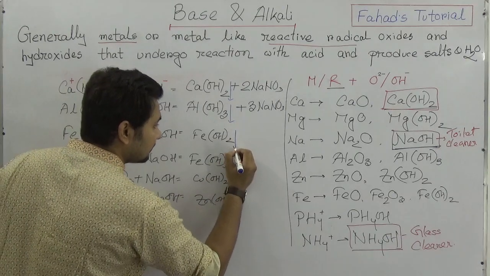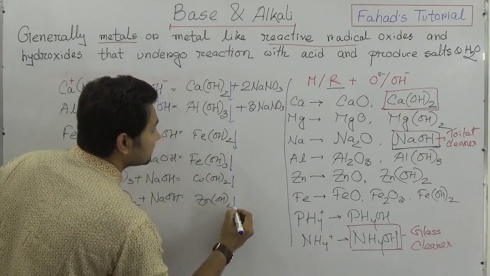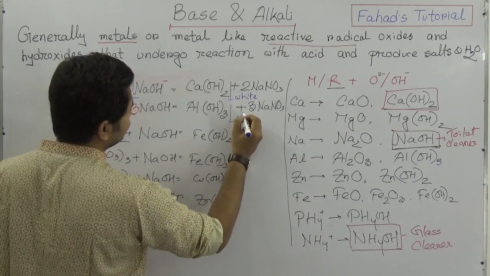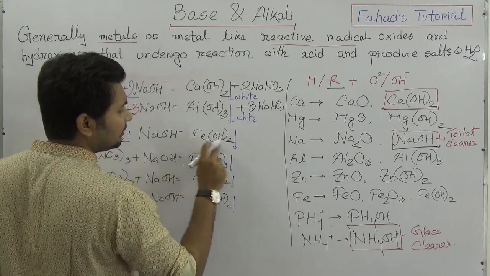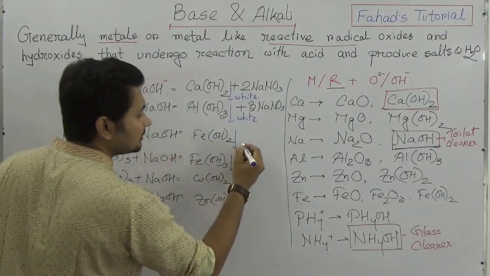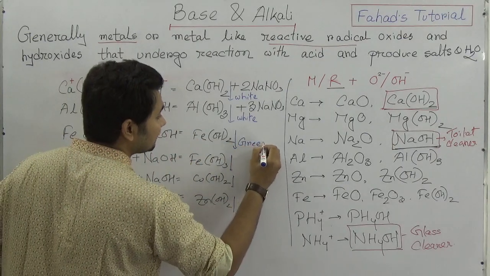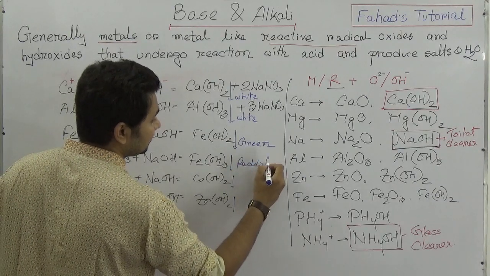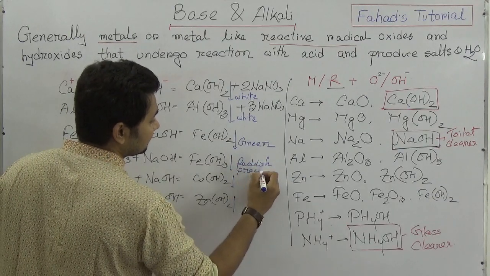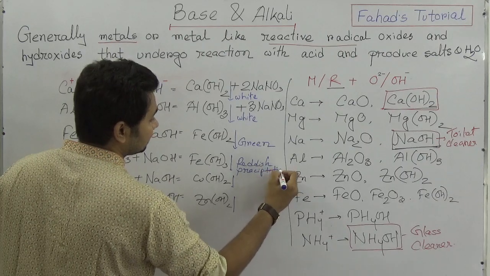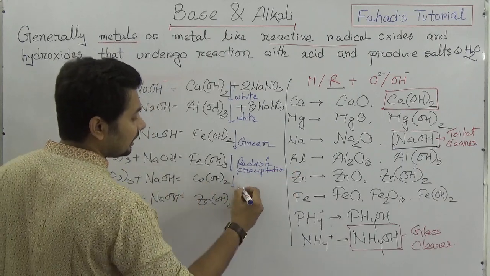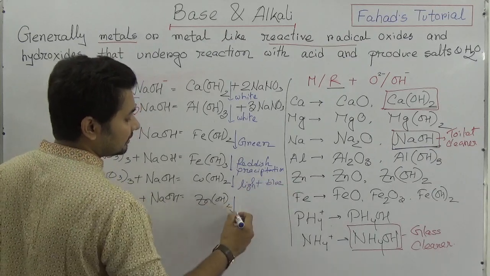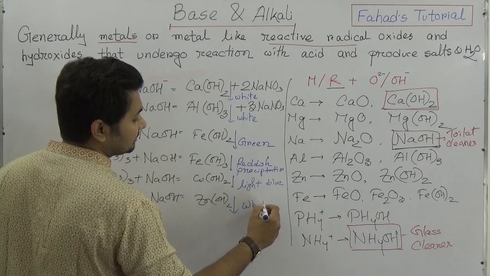Calcium hydroxide is a white precipitate. Aluminium is a white precipitate. Ferrous is a green precipitate, and ferric hydroxide is a reddish precipitate. Copper is a light blue precipitate. Zinc is a white precipitate.